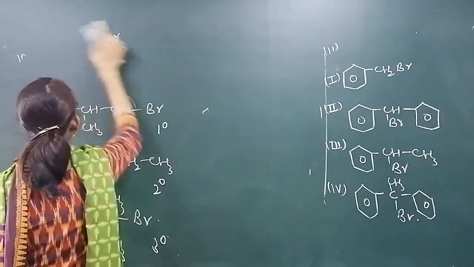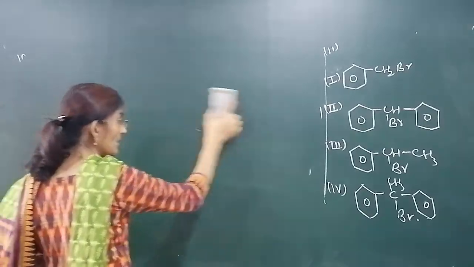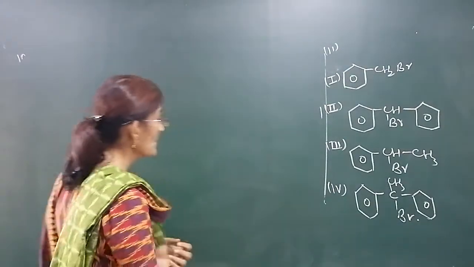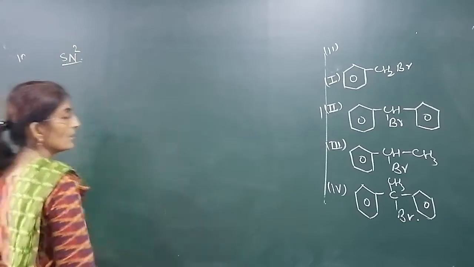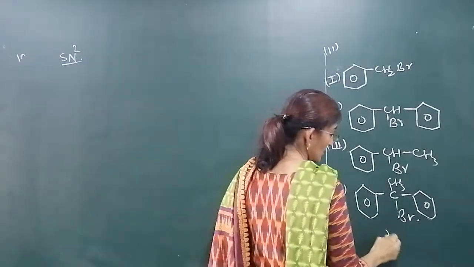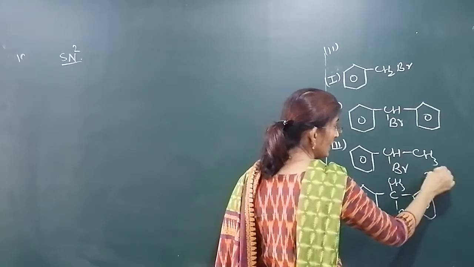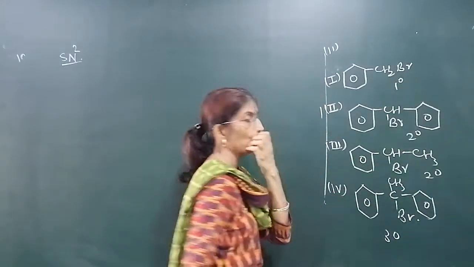See, for the order of SN2 we have to see steric hindrance. For SN1 we have to see carbocation stability. First we are writing the order of SN2. This is tertiary, the halogen-containing carbon is attached to 3 other carbons. This is secondary, this is also secondary, and this is primary.